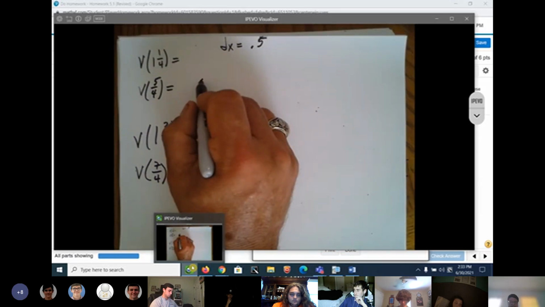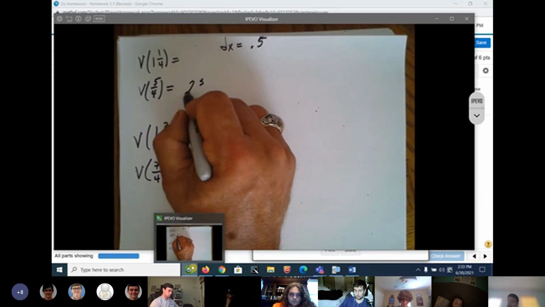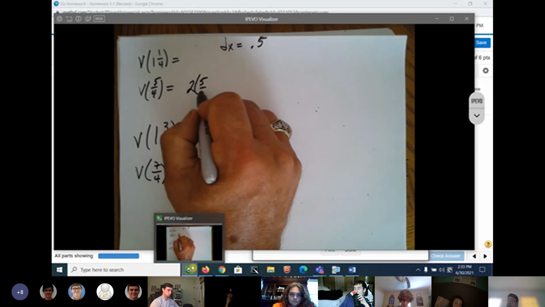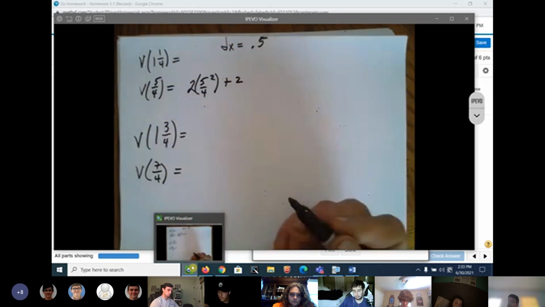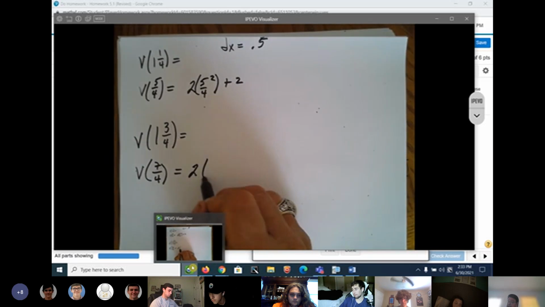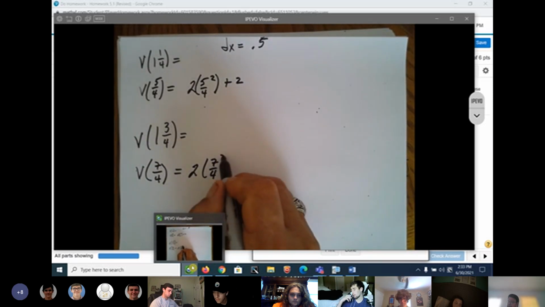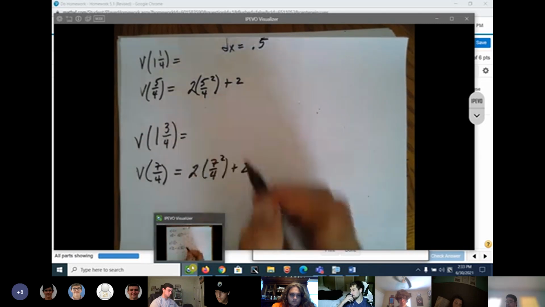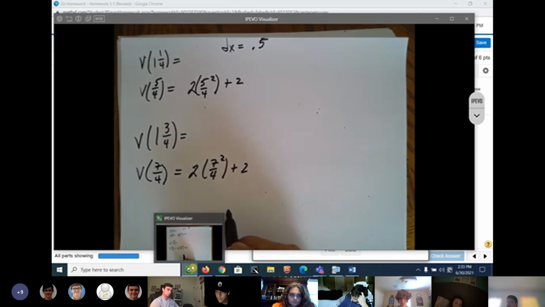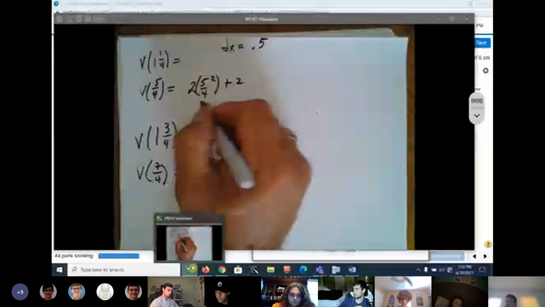So 5/4, or I'm sorry, 2 times (5/4) squared plus 2, and 2 times (7/4) squared plus 2. Technically, the 2 is supposed to be on the outside of the parentheses, but it's not a big deal.